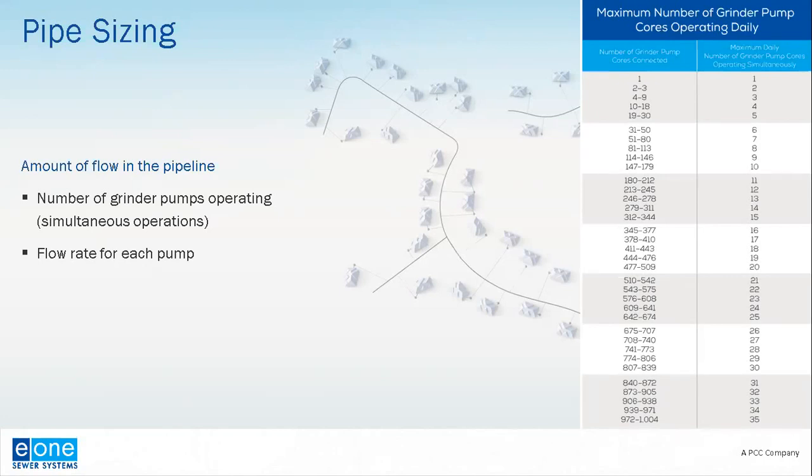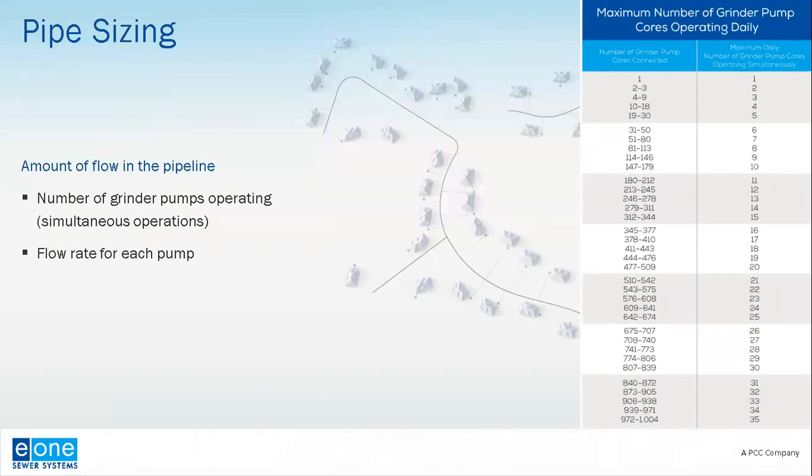So, we get questions all the time about how it is that our systems can be so small. The diameter of our pipes can be so small when we're accommodating so many households. And I'd like to just take note that the system, if you will, is the network of pipes out in the community or out in the street. The grinder pump is the thing that makes it all happen and work. But I would just call your attention down to the bottom.